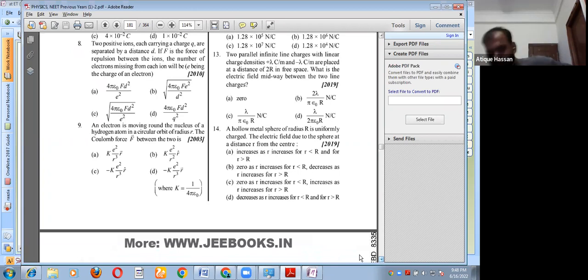This is a very important question asked in NEET 2019, and such types of questions are asked every year. In 2000 also, some question has been asked like this.